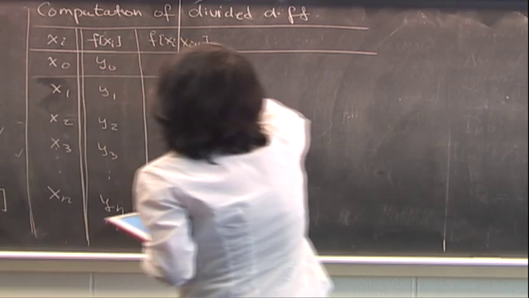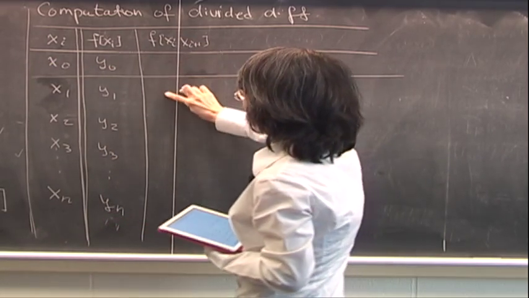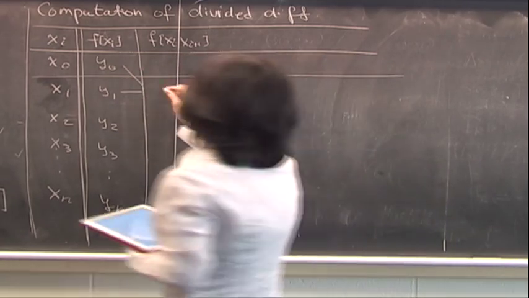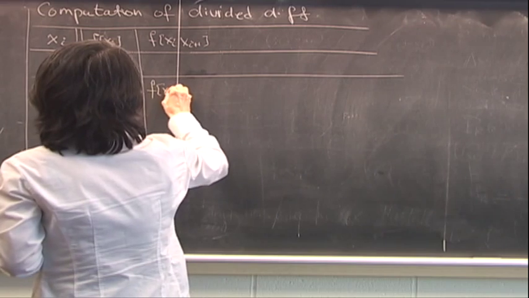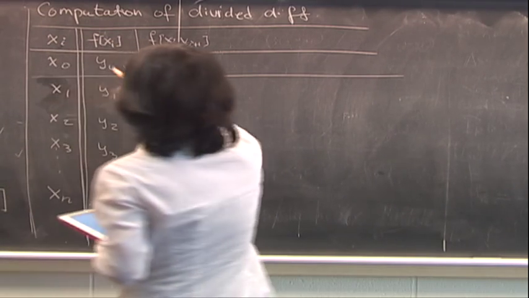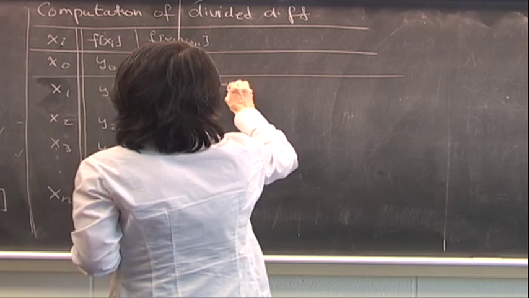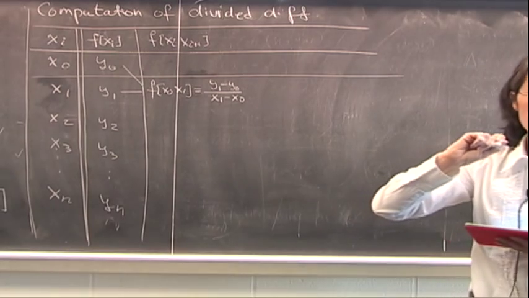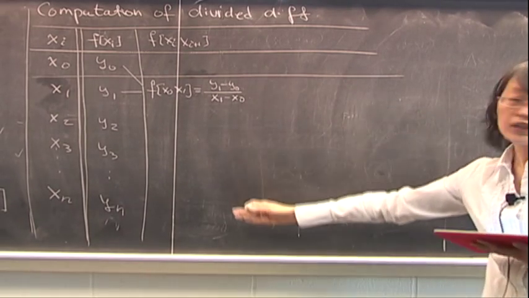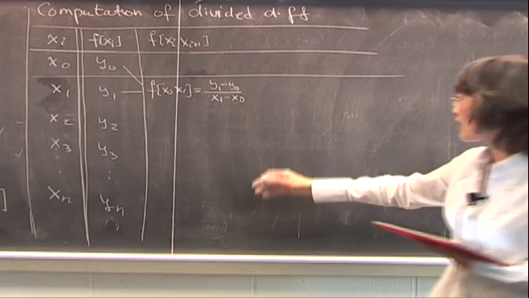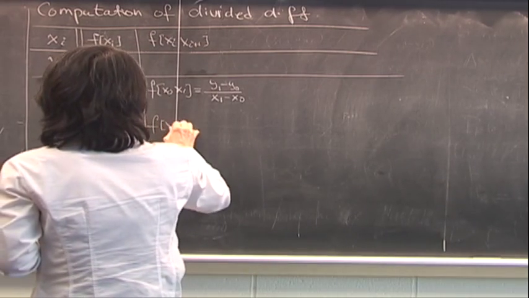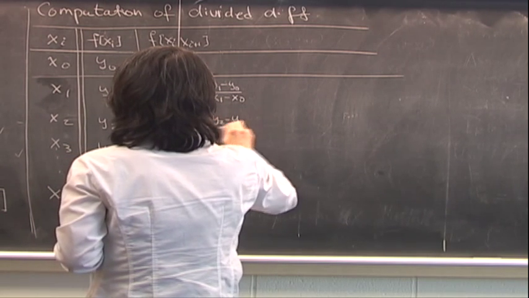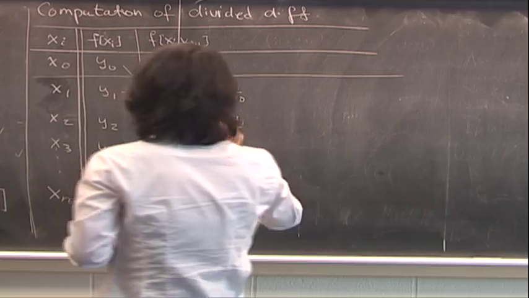So that means I will not compute this one. I will compute this one, which will use these two values. So this will be the f[x0, x1]. That will be computed as y1 minus y0 over x1 minus x0. Is that clear? And I can continue and fill this column. Do you see I can do that? So f at x1, x2 will be y2 minus y1 over x2 minus x1.